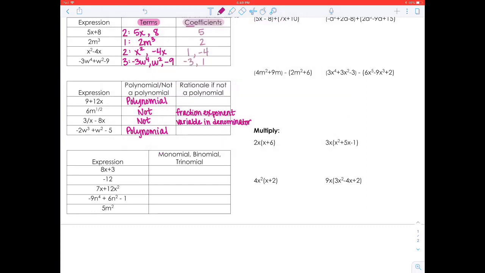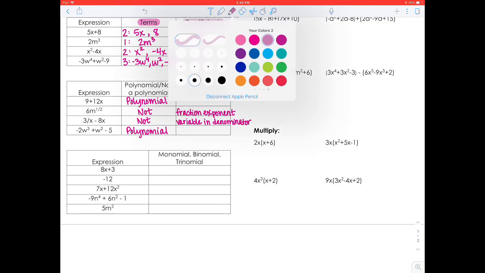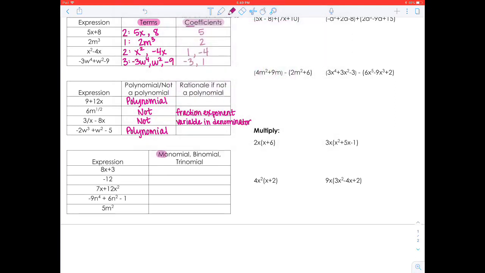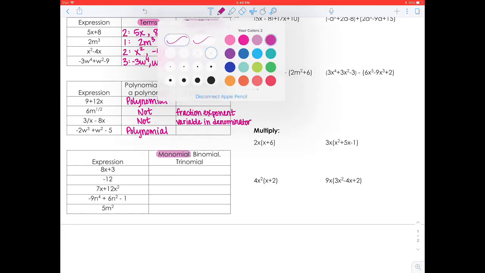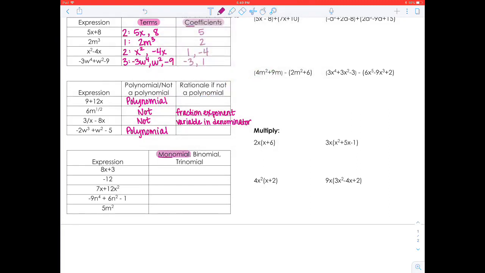Okay, so monomial, we've got that mono in the front here, which means 1. So that means it's a polynomial that only has 1 term. So we distinguish these based on the amount of terms that they have.